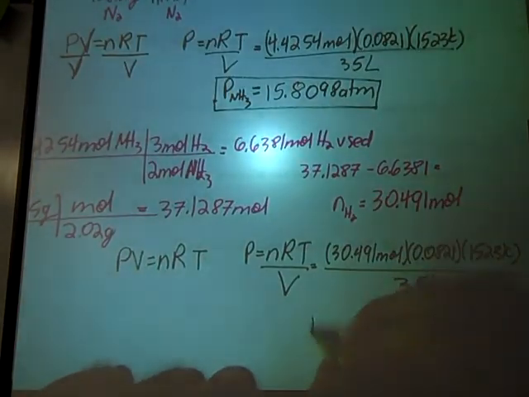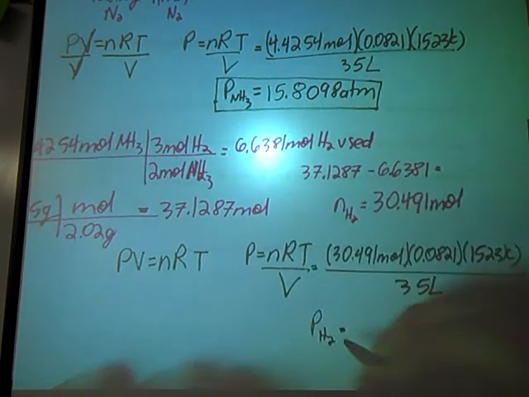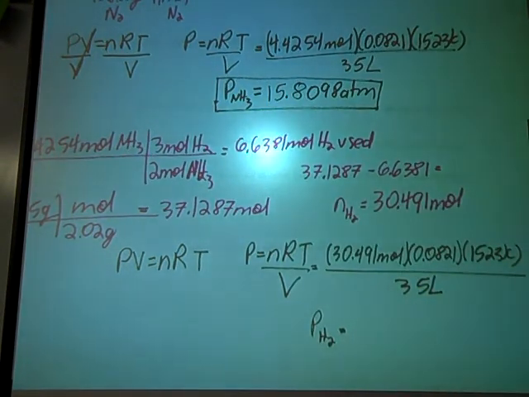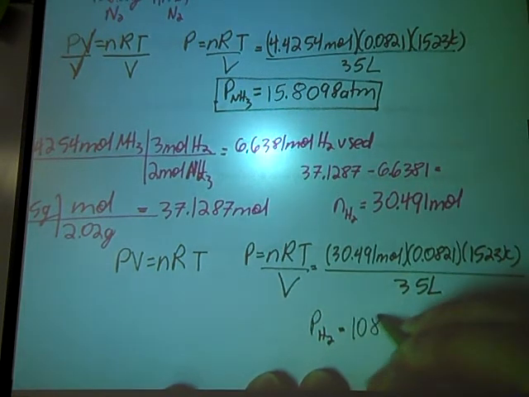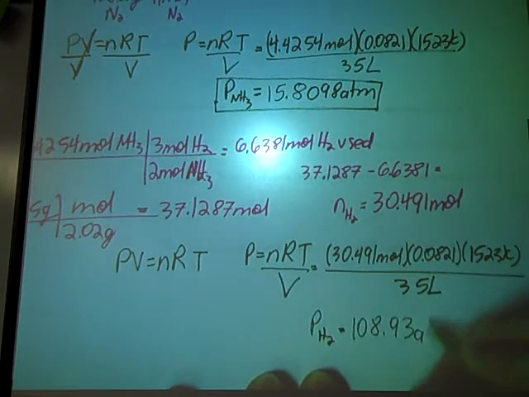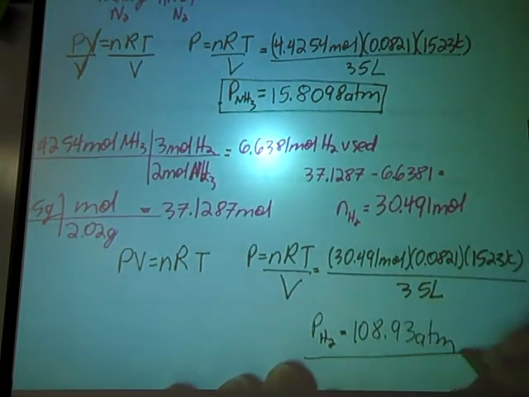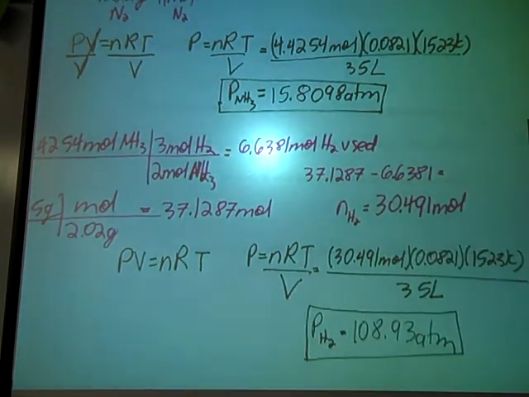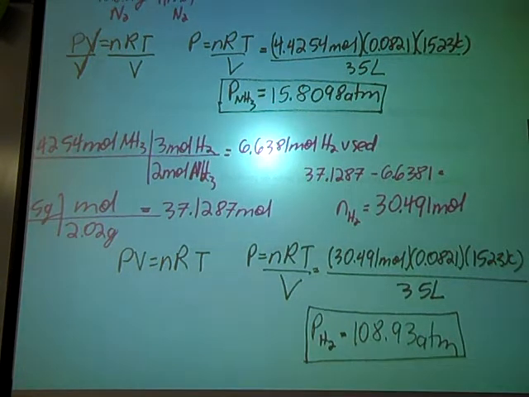Plug that into your calculator and we get a partial pressure of hydrogen as a really big number, my goodness. Now, I haven't done sig figs for either of these. I apologize. Both of these should have no more than 3 sig figs, so they are off a bit.